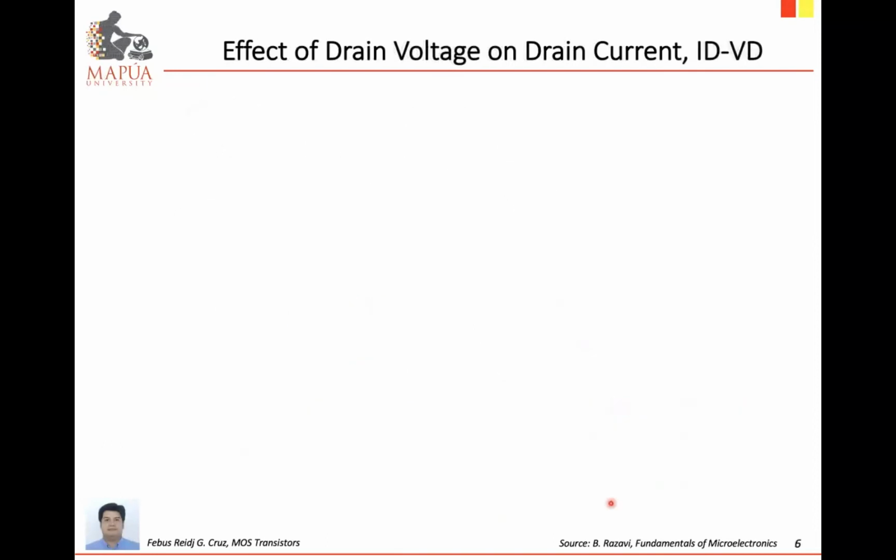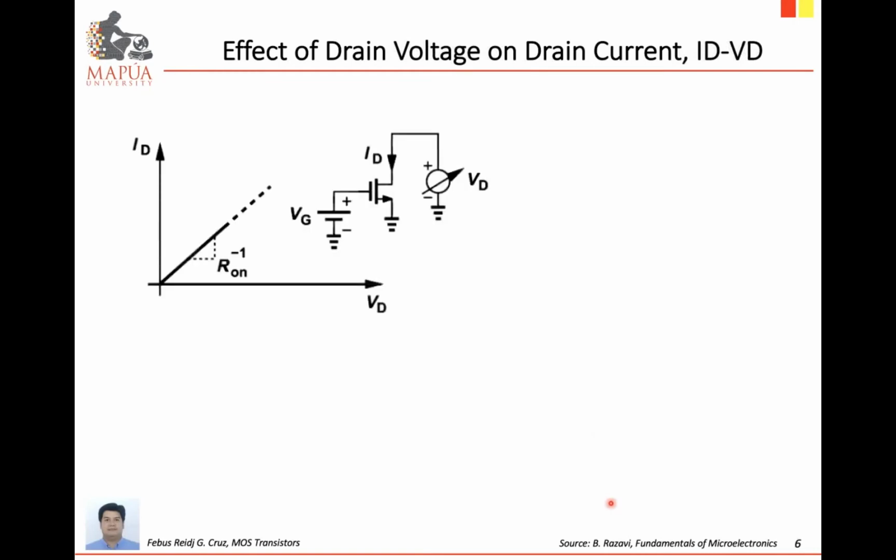So let's have here the effect of the drain voltage on the drain current. What if we set gate voltage to a certain value, and this time we adjust the value of the drain voltage and determine the resulting drain current.